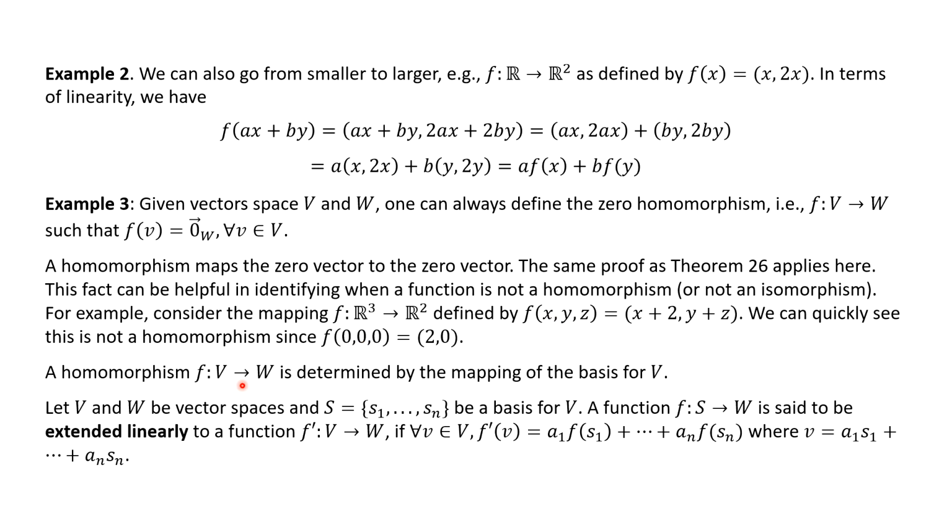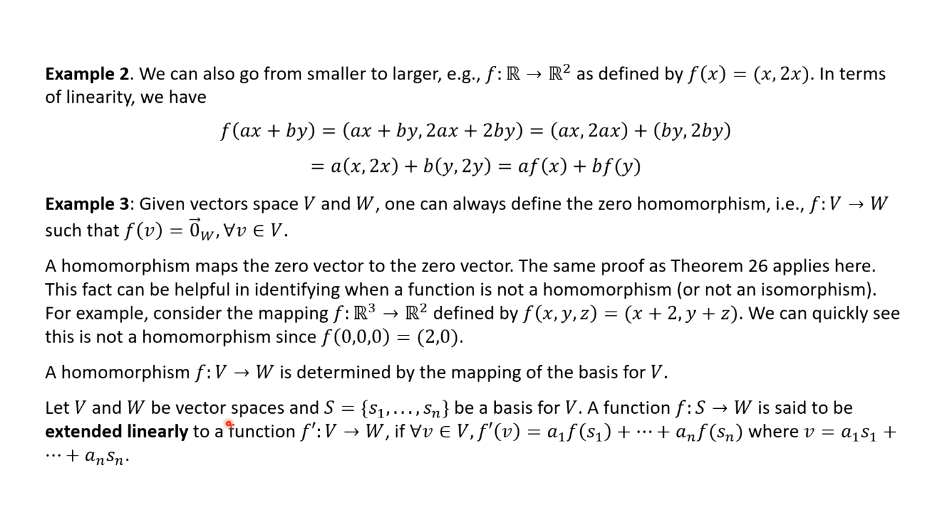A homomorphism f from V to W is determined by the mapping of its basis for V. So that's similar to what we had for isomorphisms. Then we have a definition here.